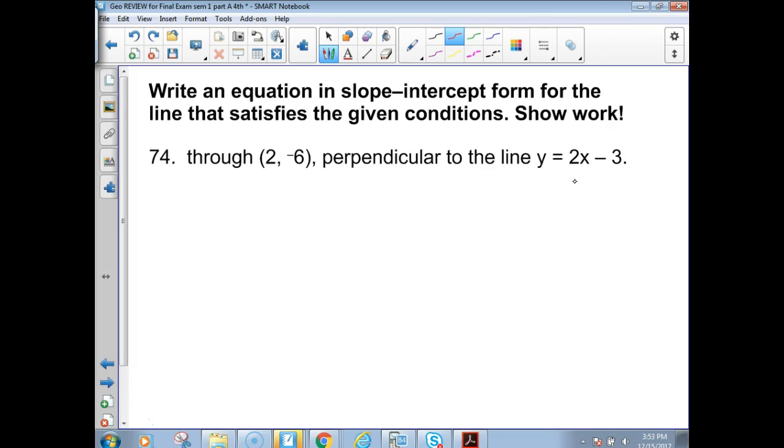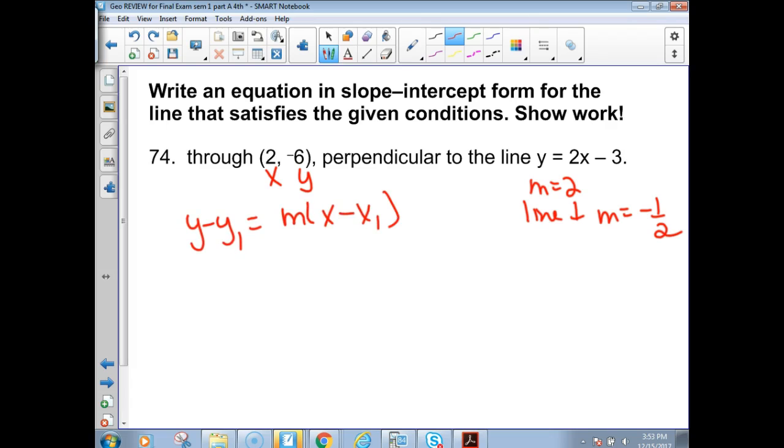(74) Perpendicular to this line has a slope of 2, so the line perpendicular would have a slope of -1/2. This is your x and y points. We're going to put into the y minus y1 equals m times x minus x1. I'm putting in -6 for y1, putting in -1/2 for m, and 2 for x1.